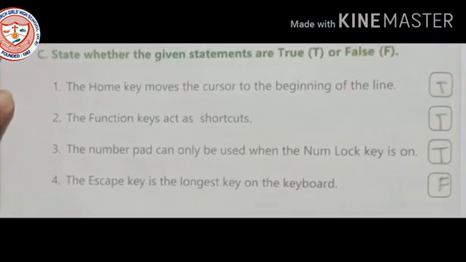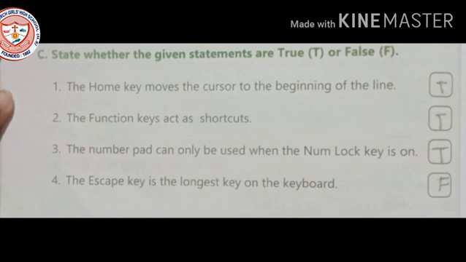Number C, state whether the given statements are true, that is T, or false, that is F. Number 1, the home key moves the cursor to the beginning of the line. That is true, T. The function keys act as shortcuts.